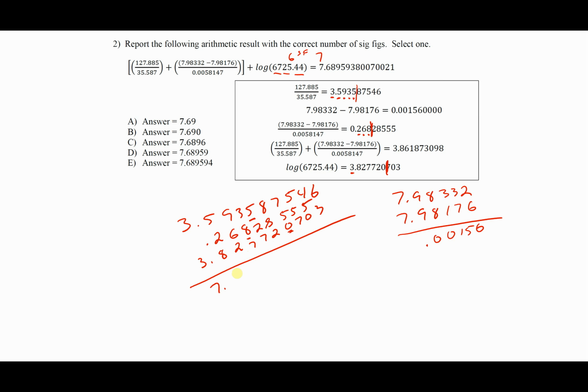Altogether that's 7.689593, and our error is coming in at that 3rd decimal place, so that'll round to 7.690, because this 5 will cause it to round. So the answer is B.